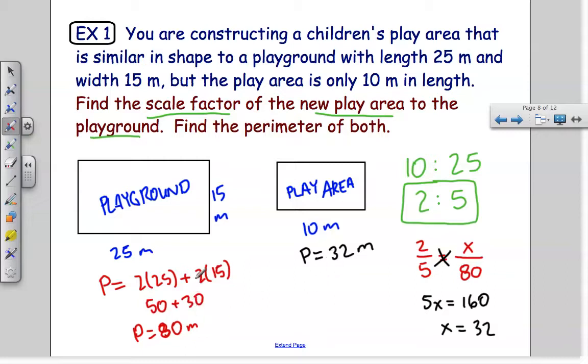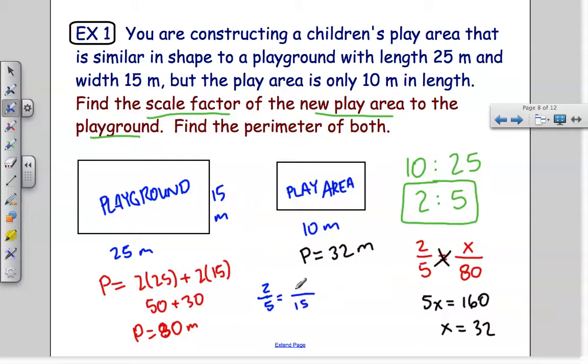Now, some of you might be thinking that's not the only way we could have done this. Couldn't we have just found the width of this play area and then found the perimeter? Well, yeah. I could look at the fact that 25 to 10, or 2 to 5, is the same as the ratio of 15 to this unknown. Actually, the 15 was the playground, which is bigger, so it would go on the bottom.